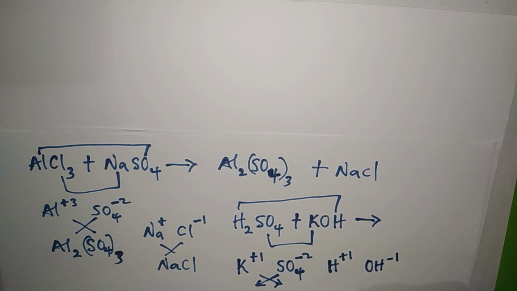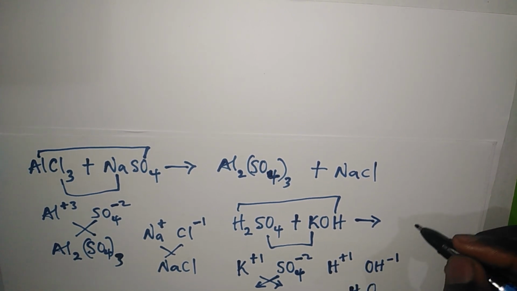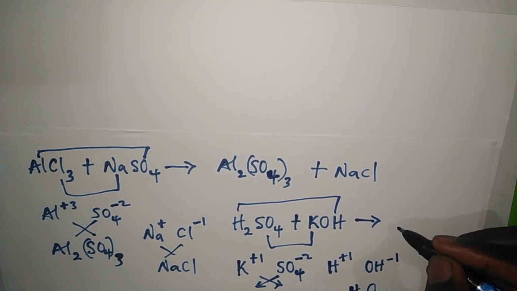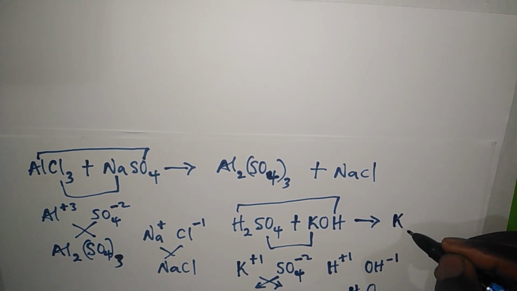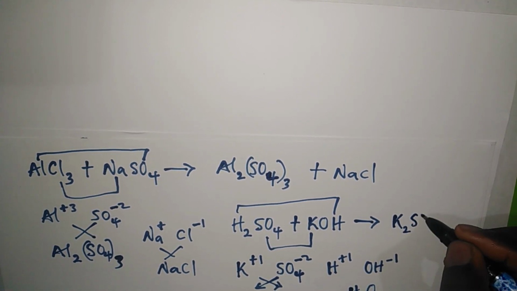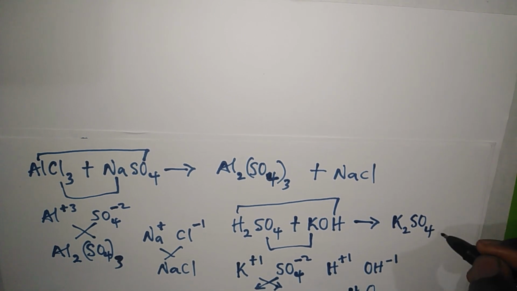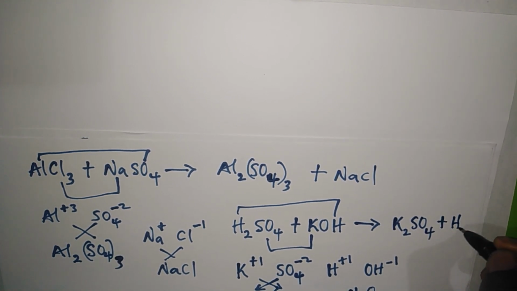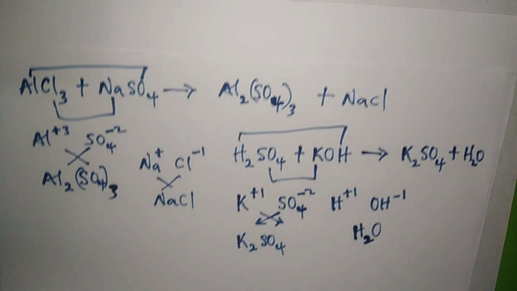Therefore you put it at a 1:1 ratio. Now therefore you are going to say this is going to be the product. So this is the product of this particular reaction.